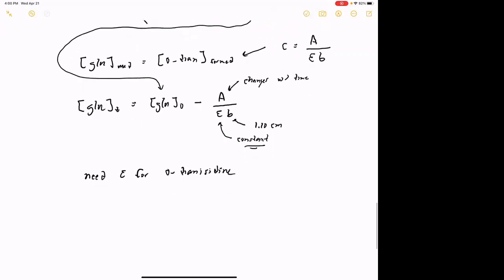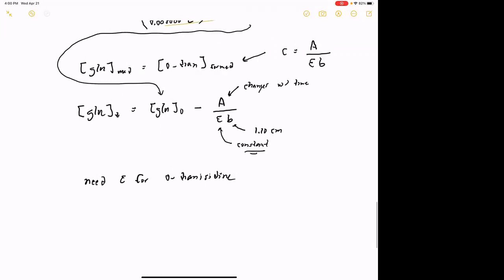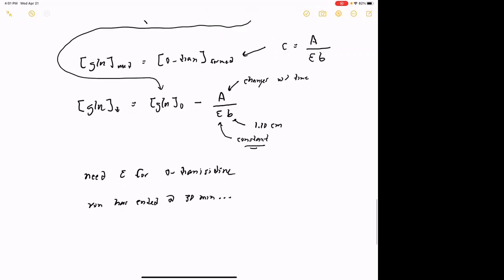Okay, so we're going to go back to Beer's law here. Okay, so we're going to assume that the reaction has ended at 30 minutes. And again, the assumption that I have to make is that 100% of the glucose has been converted to O-dianisidine, right?